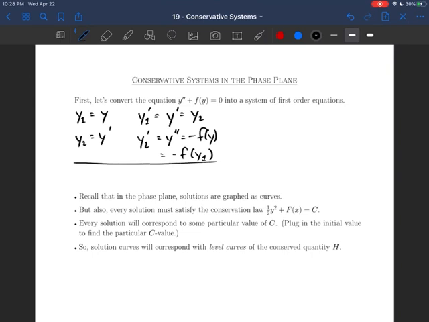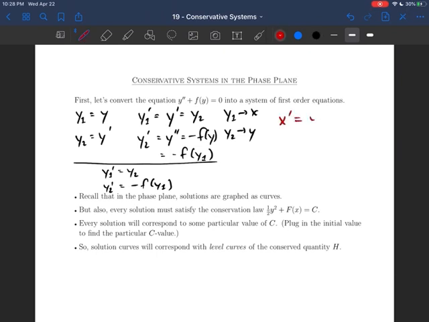And then y2' is equal to y''. And from our original differential equation, we know y'' is equal to negative f of y, which is negative f of y1. So our system is y1' equals y2, y2' equals negative f of y1.